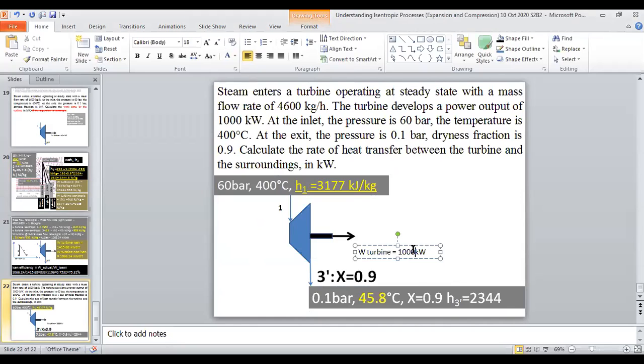Now you have a W turbine. Somehow you have W turbine. Okay, W turbine is 1000, it is given.